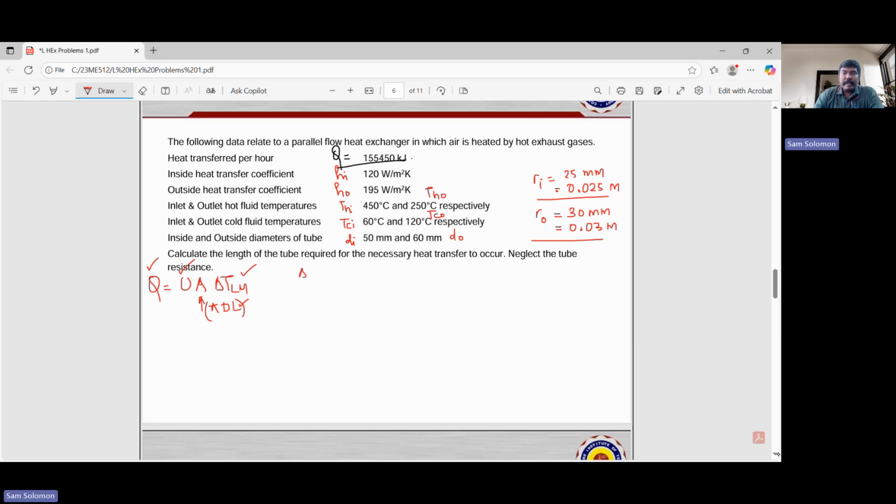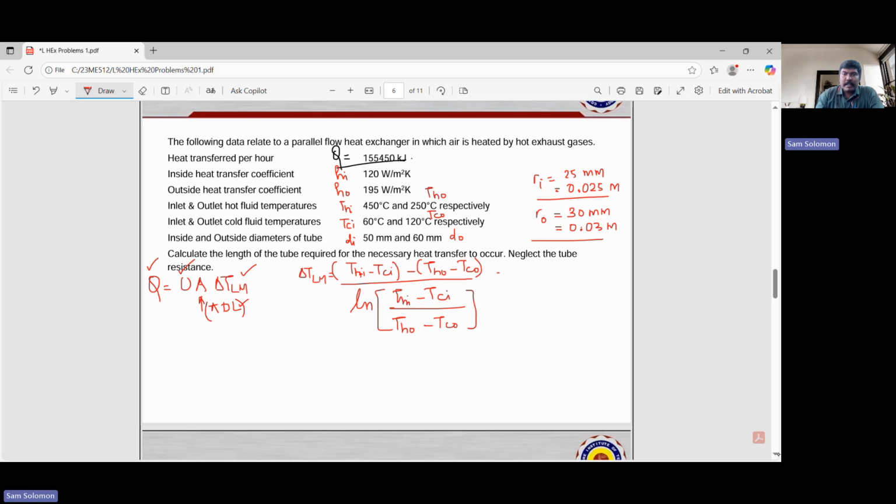So now let's calculate delta TLM again. That is going to be Thi minus Tci minus Tho minus Tco, whole divided by ln of Thi minus Tci divided by Tho minus Tco.